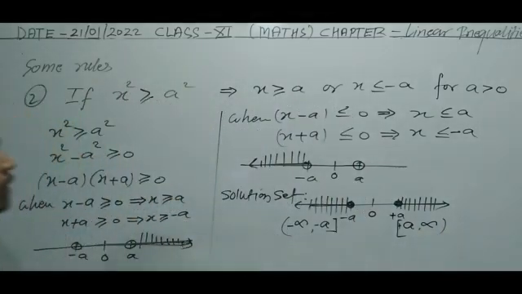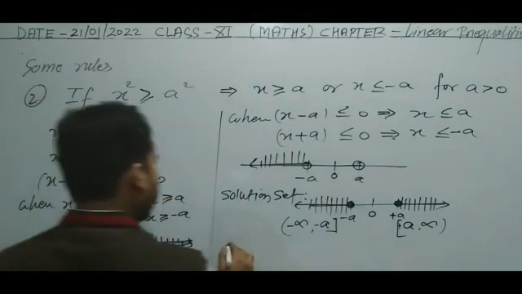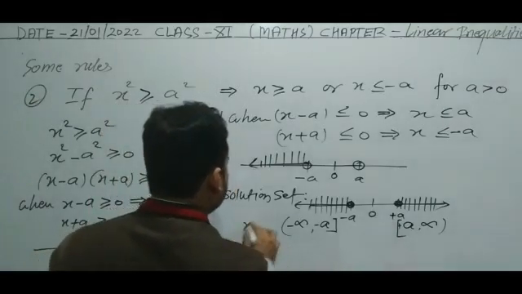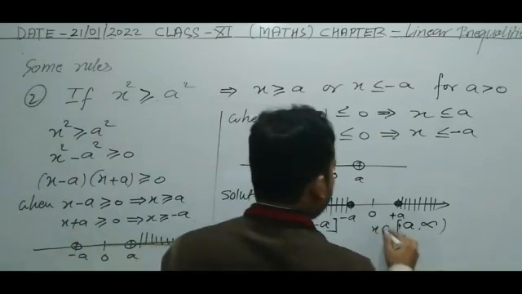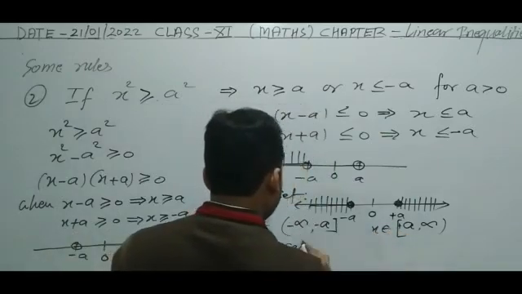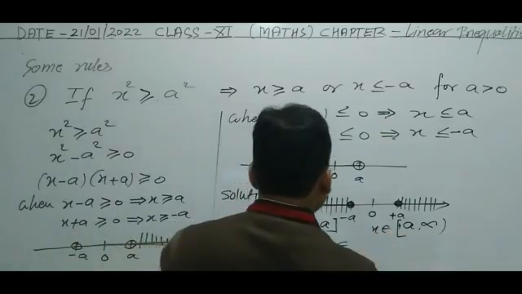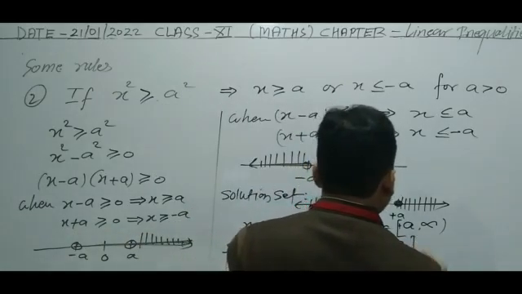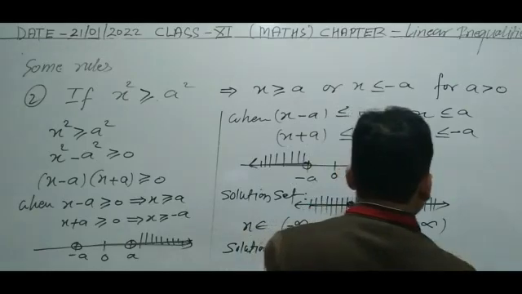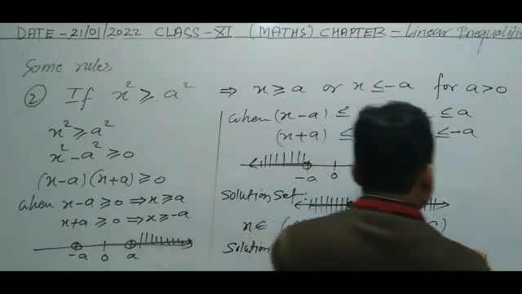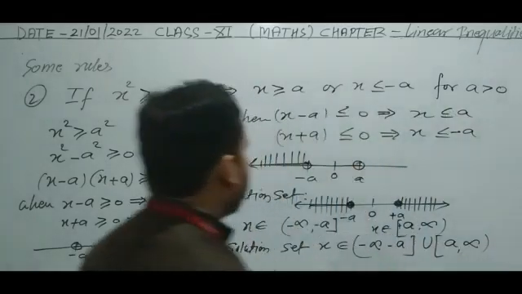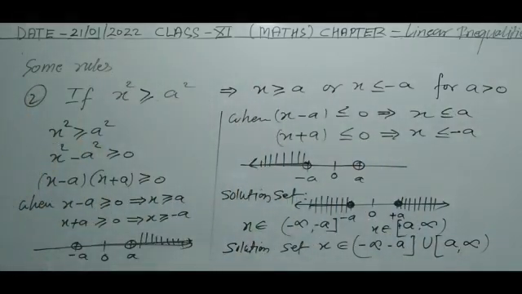Now what will be the solution set? The solution set is x belongs to minus infinity to minus a in semi-closed interval union a to infinity in semi-open intervals.